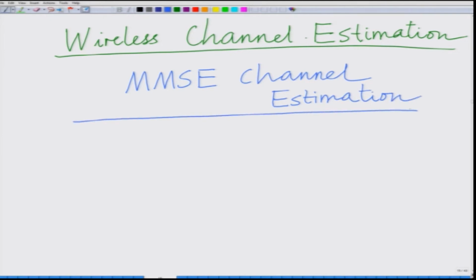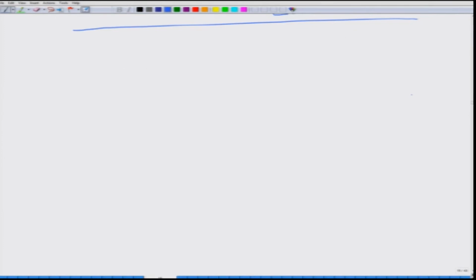Okay, so this is what we would like to look at. Now let us start by considering a wireless communication scenario.